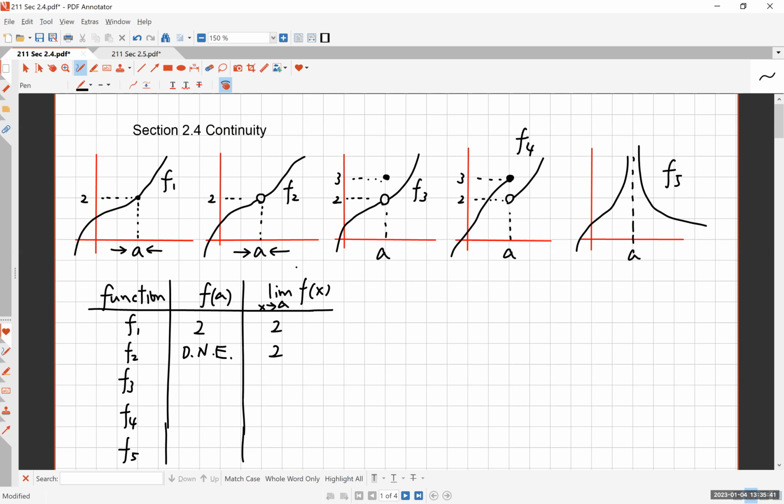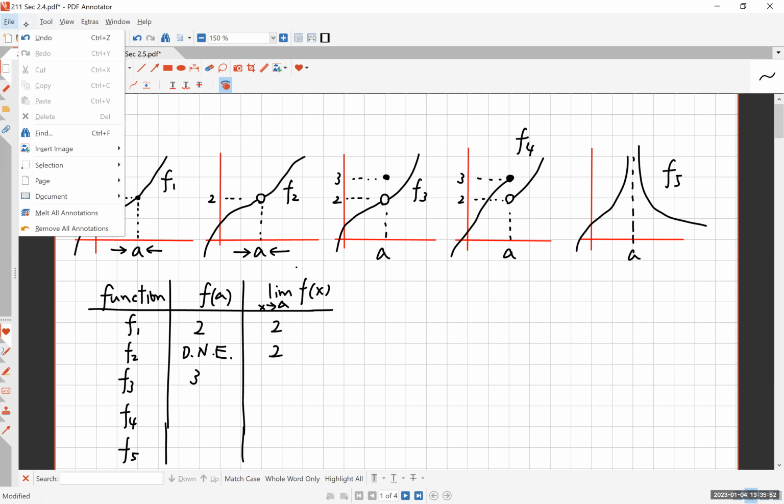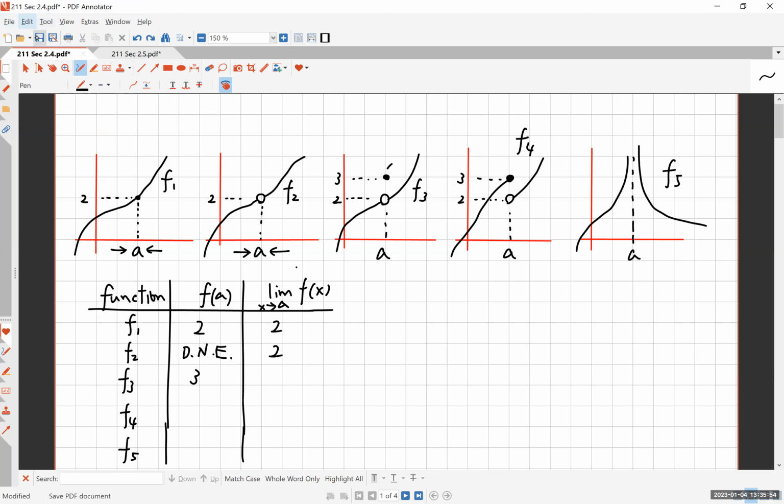For f3, now we have f3 is defined at a, and that value, as you can see with this point, is 3. The value of the function, f3(a), is 3, even though the limit is 2.